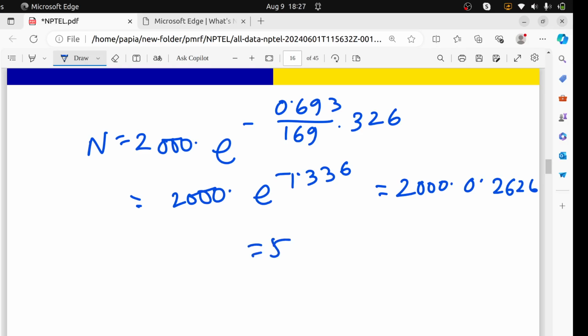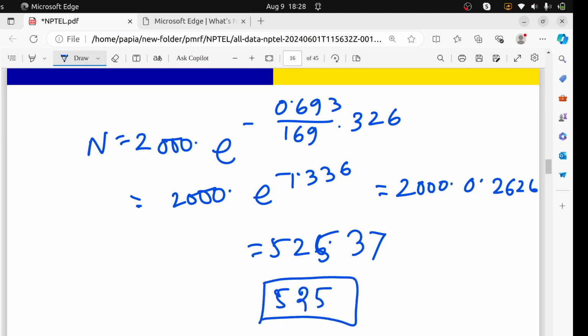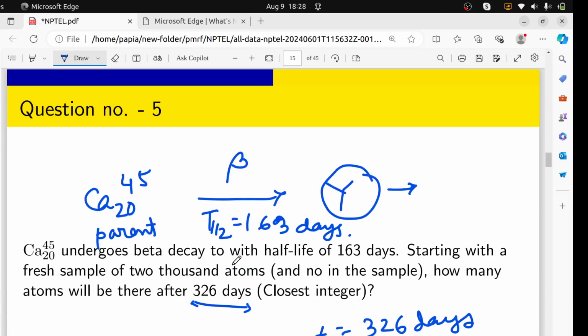So it is coming as 523.37, so it is 525. So that many parent particles will be remaining as parent particles after 326 days.